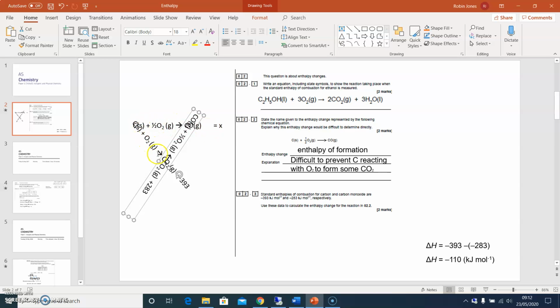So this reaction here, just like going up the mountain, is minus 393. This reaction coming up here, up to the top of the mountain, is plus 283. And it equals X. So X, which is what I'm trying to find out, is minus 393 plus 283.